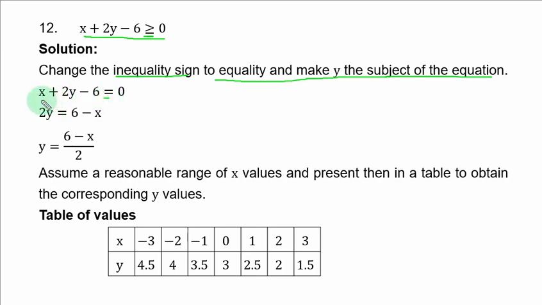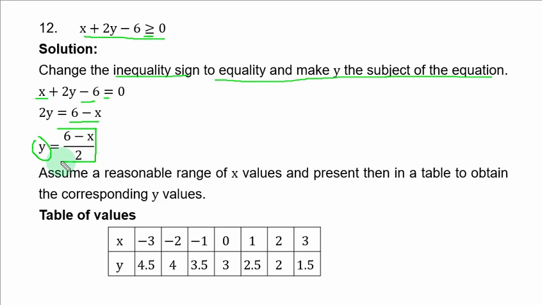Next thing is to make y the subject by transferring minus 6 and plus x to the right hand side, divide both sides by 2 and y is equal to 6 minus x over 2.